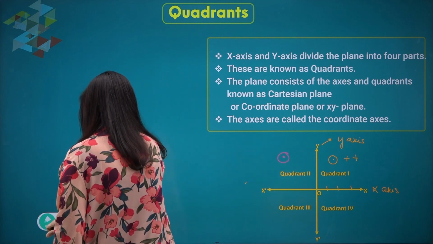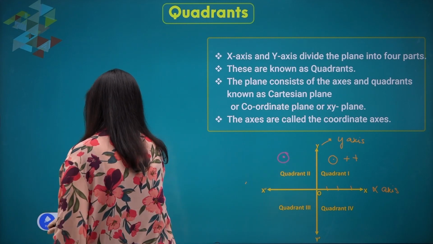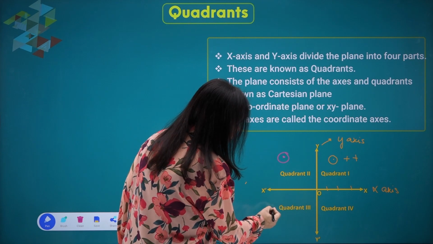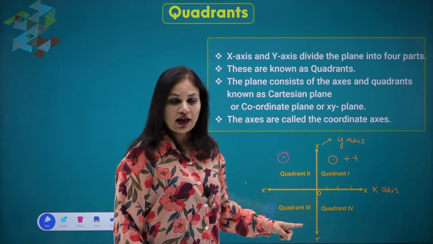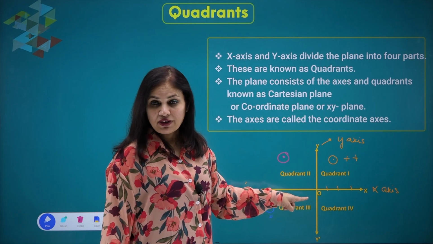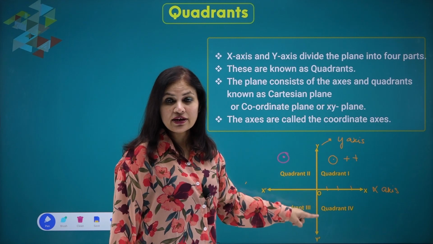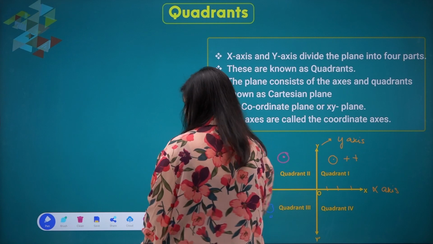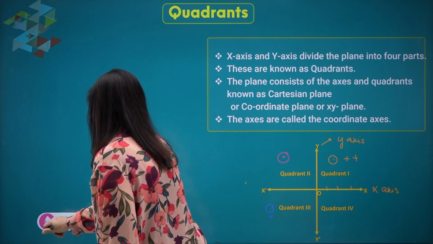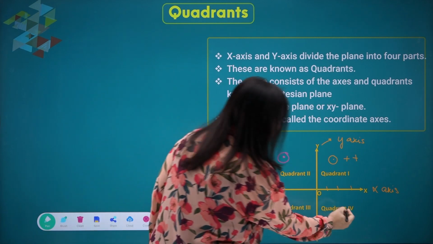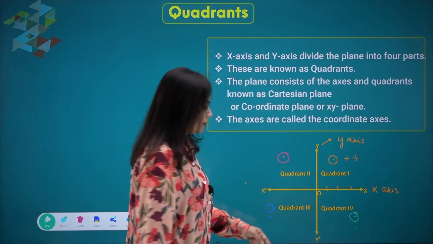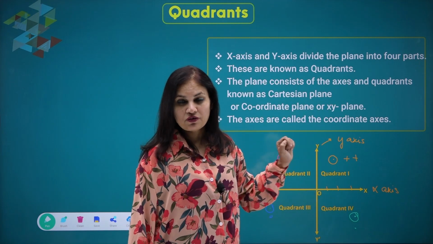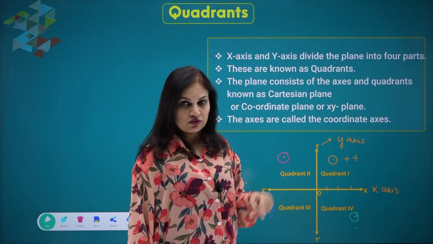If I choose a point in the third quadrant, I will have negative values of x and negative values of y. If I choose a point in the fourth quadrant, I'll have positive values of x and negative values of y.